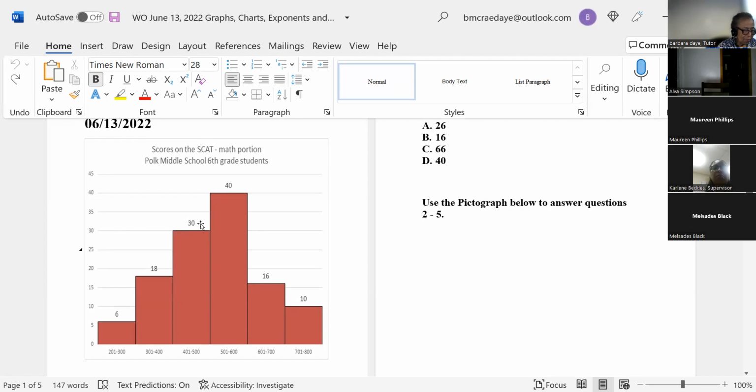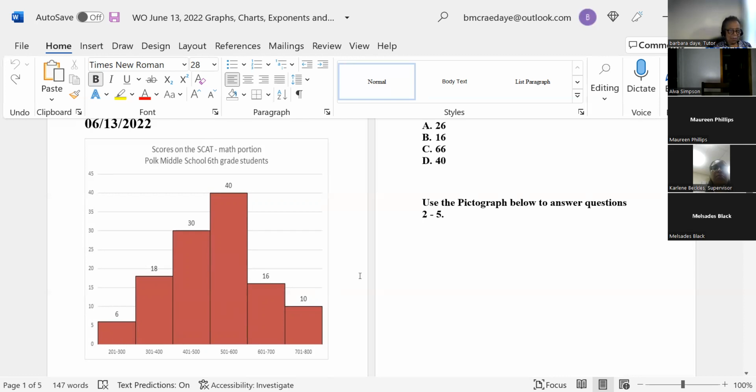And then the 18, see that bar is below the 20, so that's an 18. This one is slightly above the 5, so it's a 6, whereas the 701 to 800 is the 10. If you go all the way to the y line, you see that's a 10.